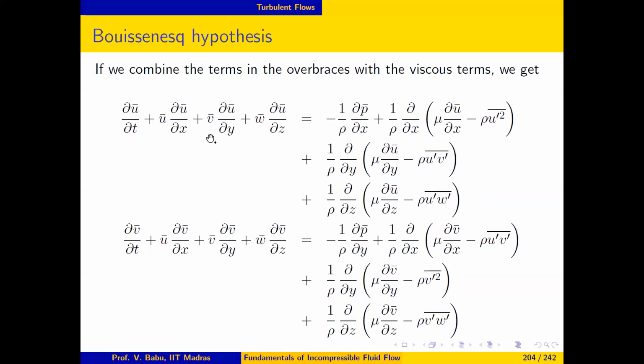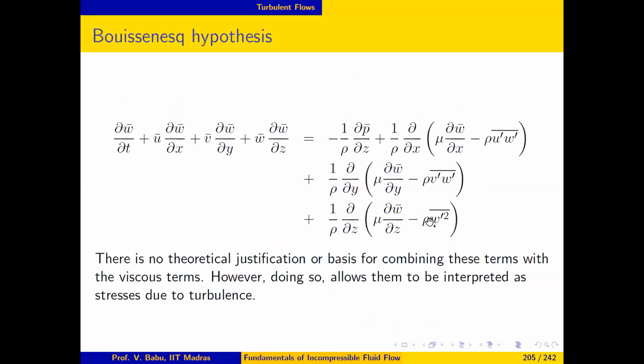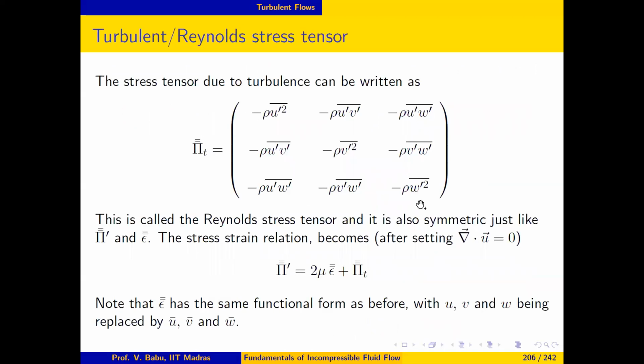So they were on the left-hand side, they would have been convective terms, but now by taking them to the right-hand side and combining them with the stress term, we are now able to interpret each one of these as a stress term that arises due to turbulence. So it's as if turbulence creates additional stresses in the flow field. So this kind of interpretation is possible by writing these terms like this. But it must be understood that there is no theoretical basis for this interpretation or for writing it like this.